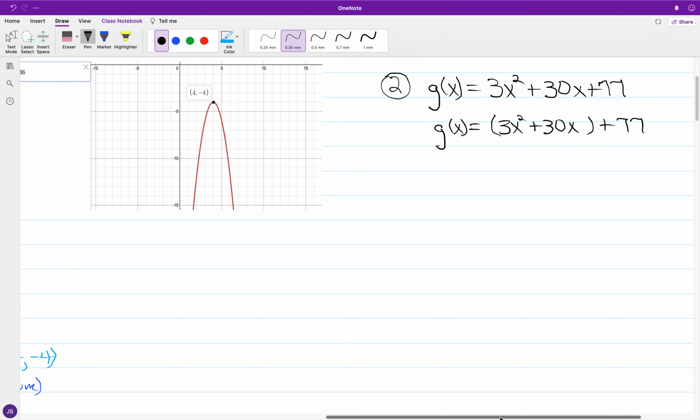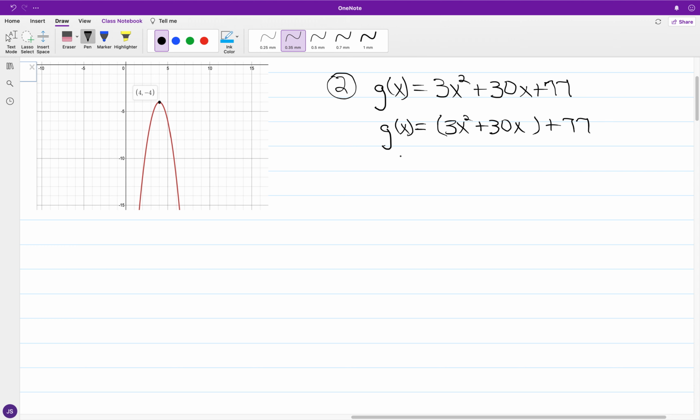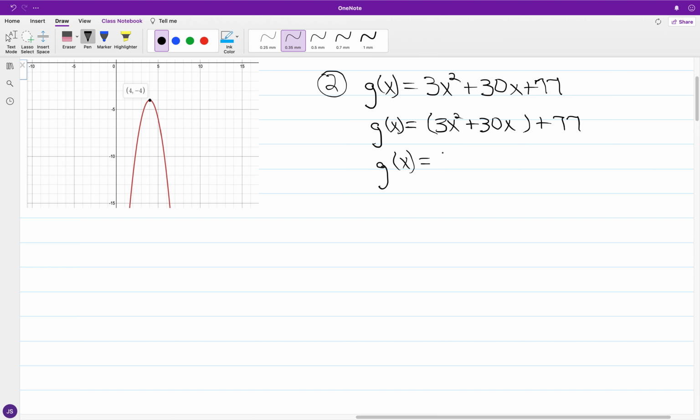And again, to set this up so I can complete the square, I want the first term inside the parentheses to be x squared. With the leading coefficient right now at 3, I can go ahead and factor out 3. And we have 3 times the quantity of x squared plus 10x, plus 77. So I'm maintaining consistency: 3x squared plus 30x plus 77.